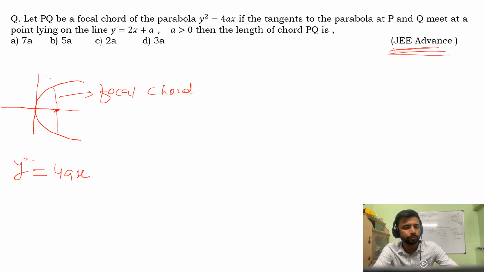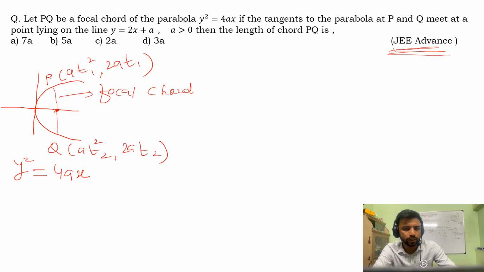So here PQ is a focal chord, and let us assume that the coordinates of P are a t1 square comma 2a t1, and coordinates of Q are a t2 square comma 2a t2.